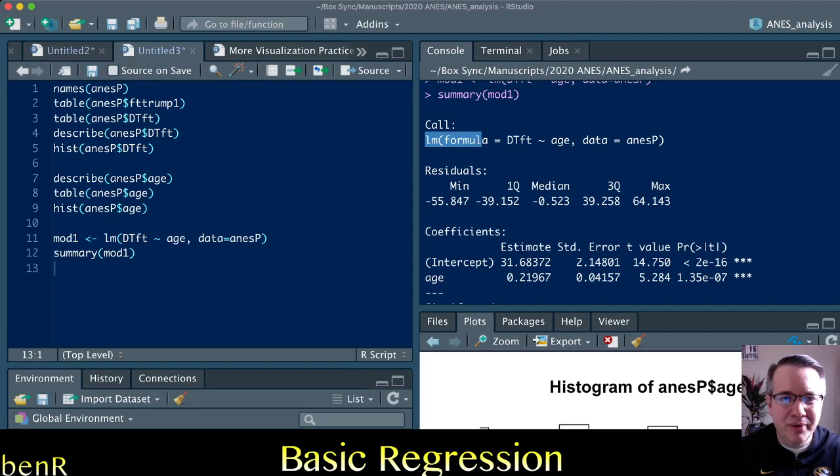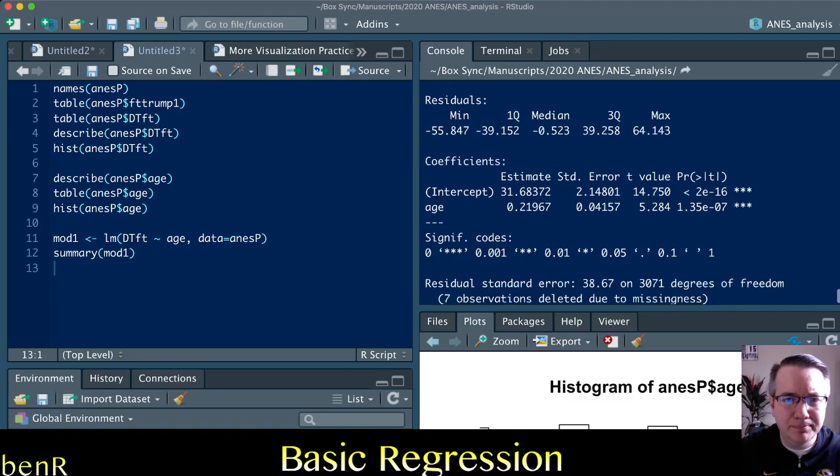It tells you, okay, this is the command that I just ran. I actually use a lot of the same model names, and so I have a lot of different mod1s and M1s. And if I get an output that looks really funny, I'll be like, what's going on here? Oh, that's not the model I thought I was looking at. So it's just nice. It reminds you what you ran.